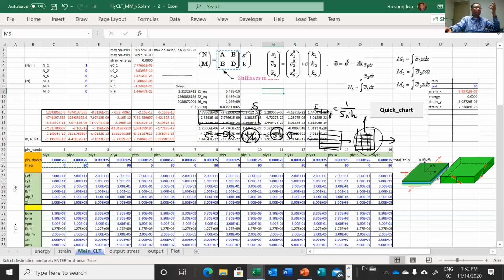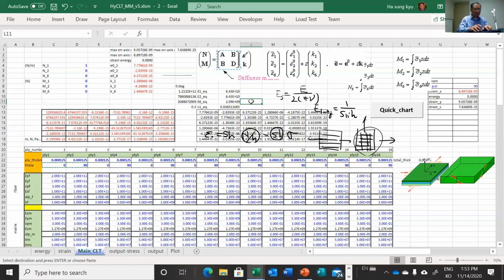To become isotropic, the shear modulus always has to be Young's modulus divided by 2 times (1 plus mu). This has to be met to be isotropic.